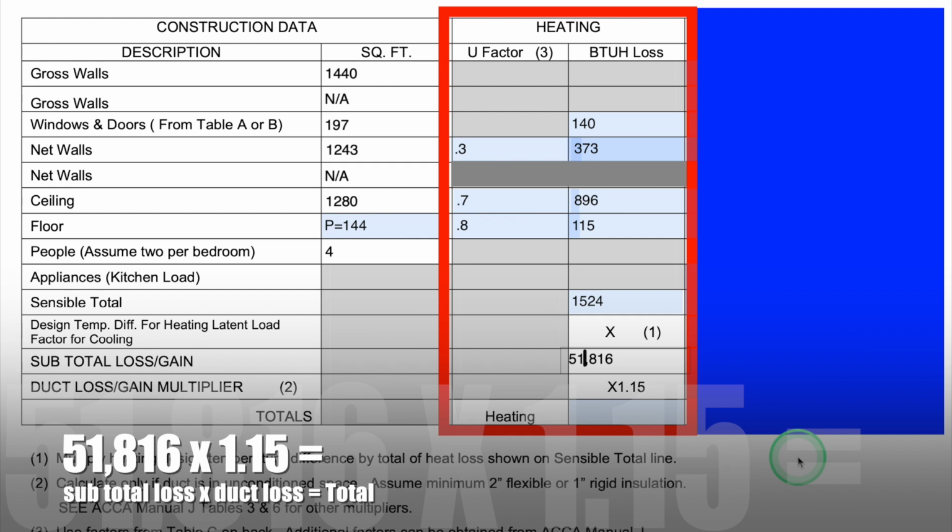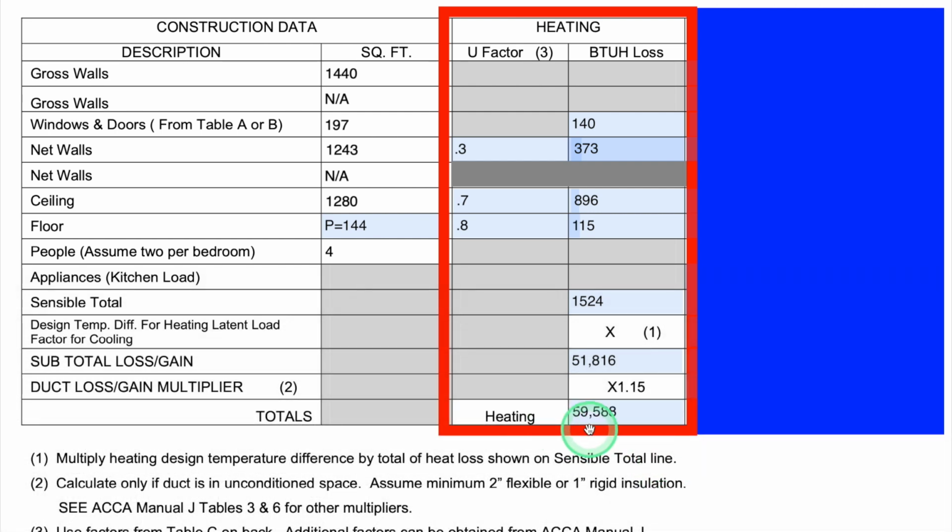And that gives us 59,584. Oh, sorry, 588. So 59,588. So this is our total BTUH loss for heating season in our building.